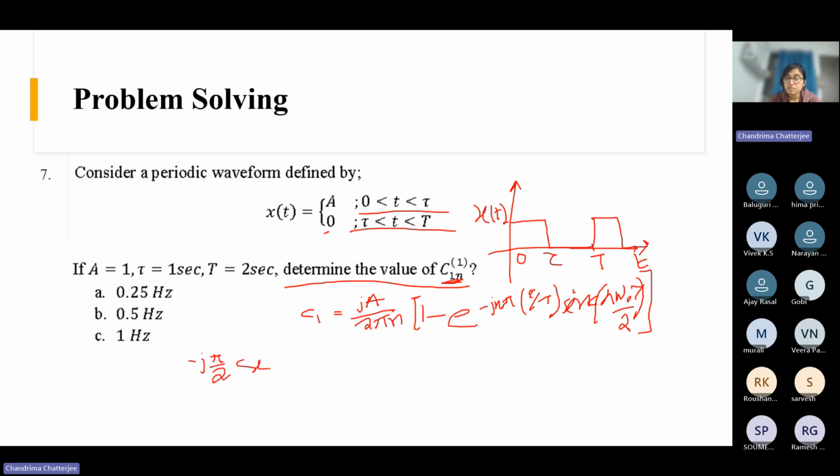And then sine of pi by T, tau by 2, n equal to 1. So this is again pi by 2.